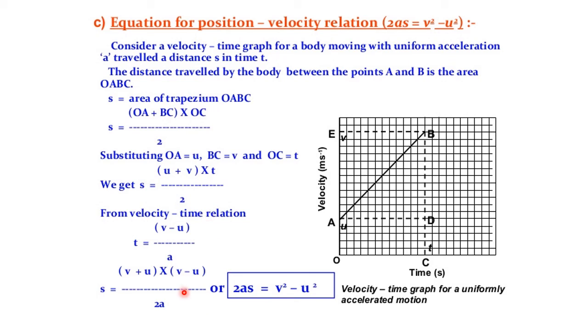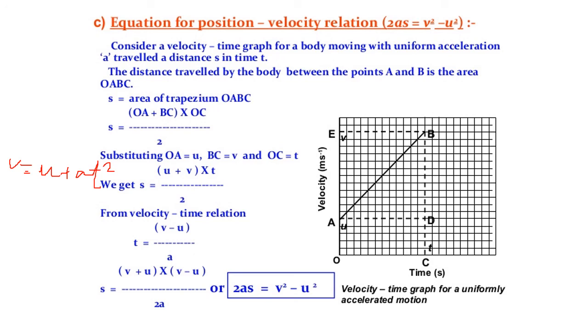Now you have to remember the previous formula, in which we derived V is equal to U plus AT. I'm sorry, this handwriting is very bad. I'm trying to improve it, but still you can see this is the rough one.